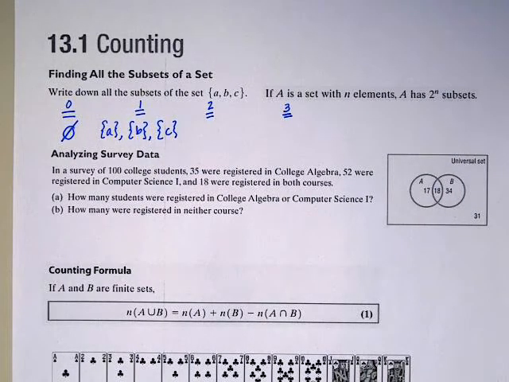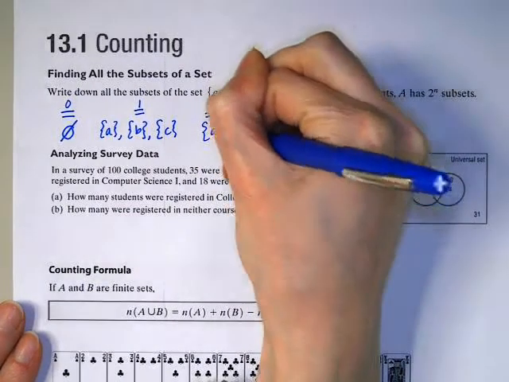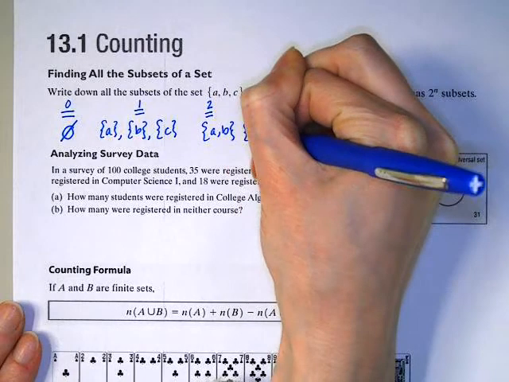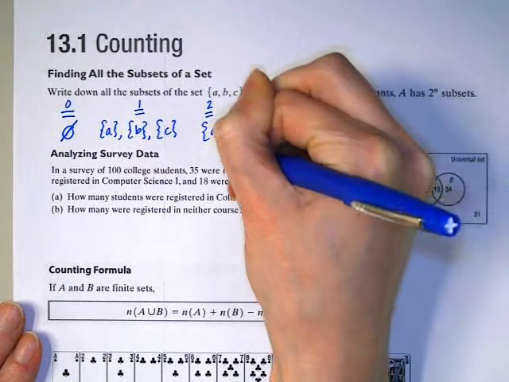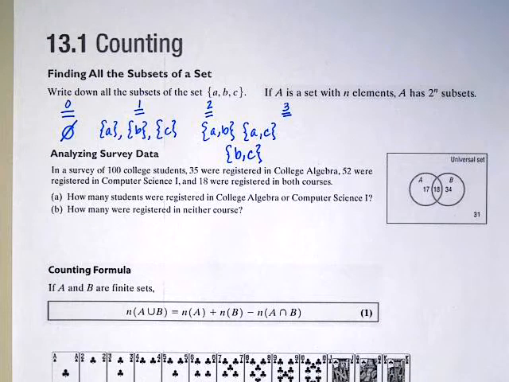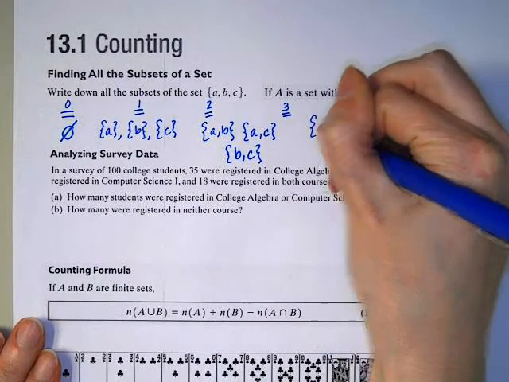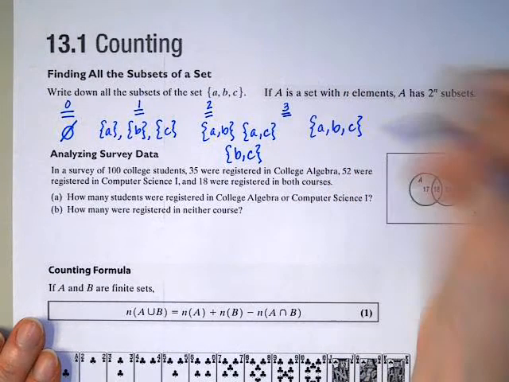Now, all the ways that we can write a subset containing 2 of the elements: this could be A and B, A and C, or B and C. And a way to write 3 elements in the subset, there's only one way, the one that contains all of A, B, and C.